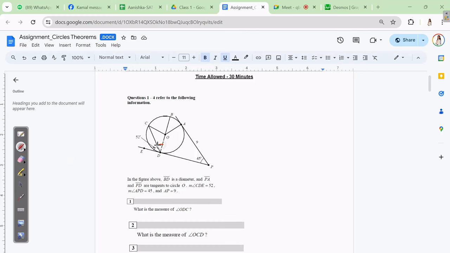Okay. The second one will be also 38. Second one is OCD. Where is OCD? OCD is this. We have to find out OCD. We know that this is 38. What can we do to find out OCD? Think about it.